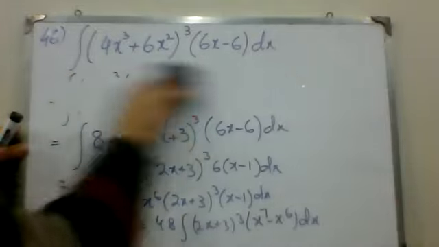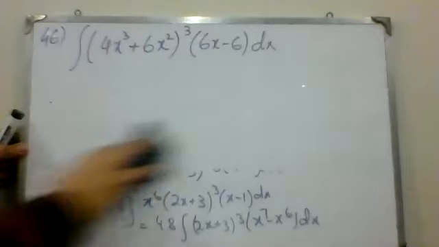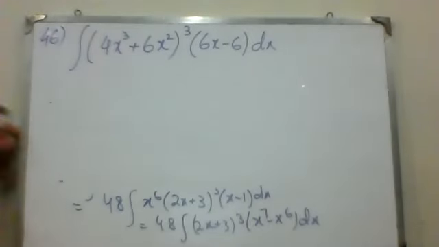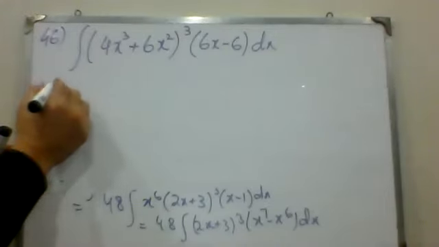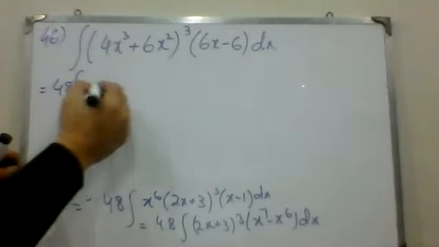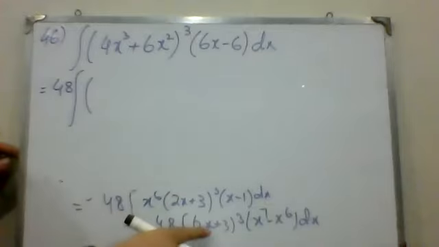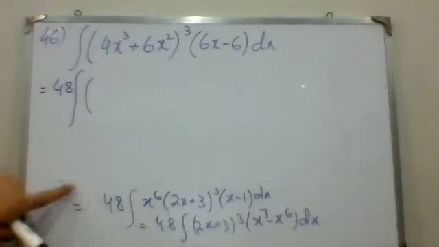from here, okay, so next, 48 integral, bracket 2x plus 3 cube is what? Does anyone know the cube formula? How can we operate cube on both of the two terms?